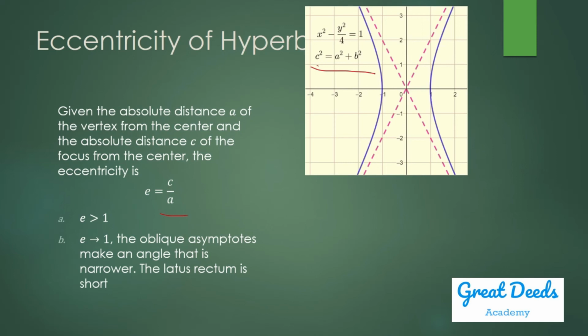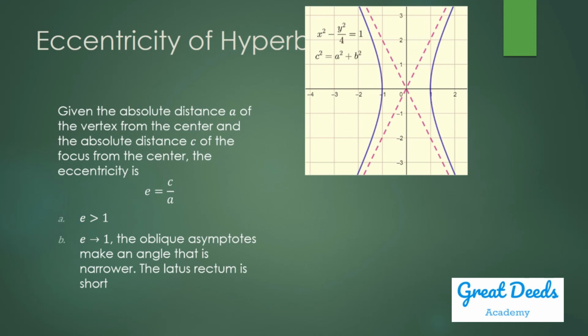Now, what happens when E, the eccentricity of a hyperbola, gets close to 1? By the way, those two intersecting broken lines are the oblique asymptotes. The branches of your hyperbola follow the direction of your oblique asymptotes as x approaches infinity.